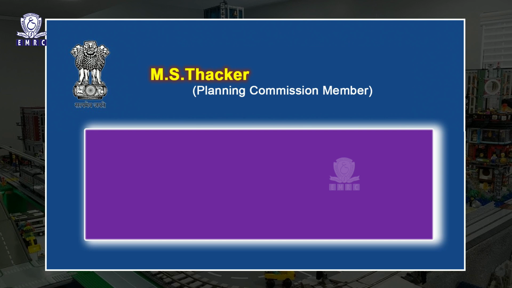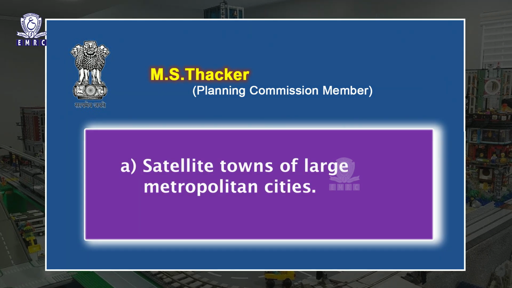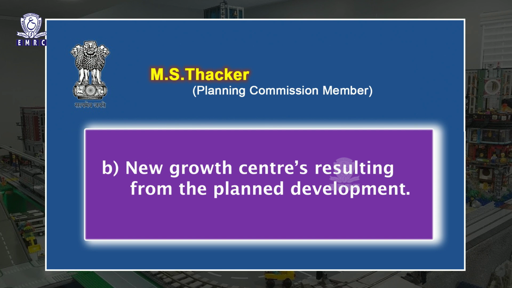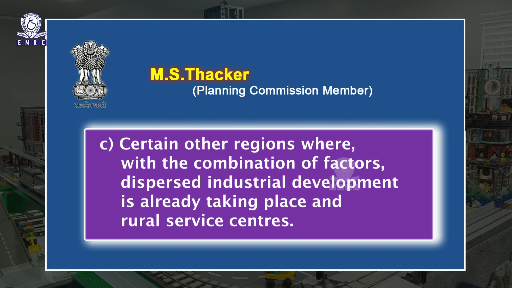Planning Commission member M.S. Thakur suggested a national policy on urbanization in India to start with: A. Satellite towns of large metropolitan cities, B. New growth centers resulting from planned development, C. Certain other regions where, with the combination of factors, dispersed industrial development is already taking place, and rural service centers.